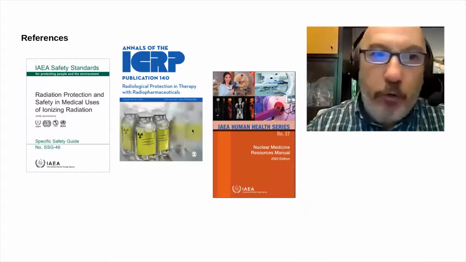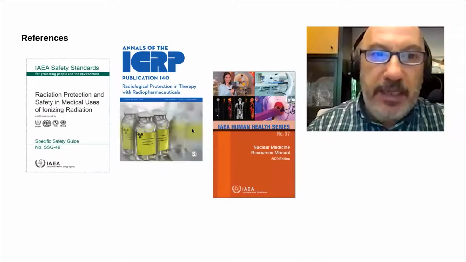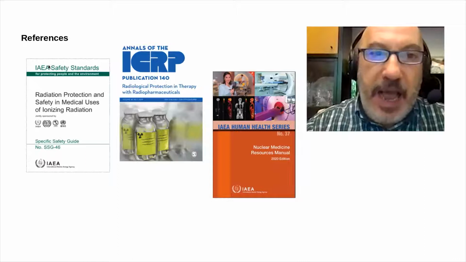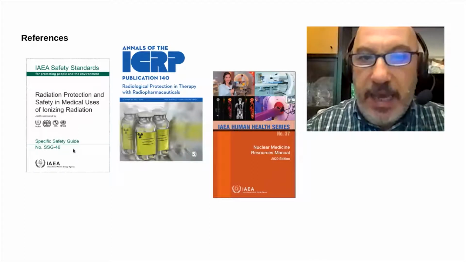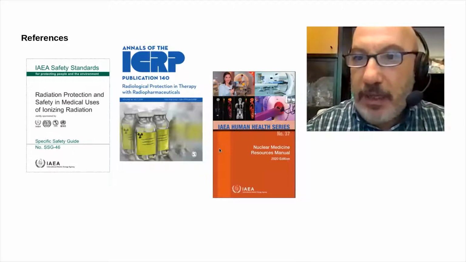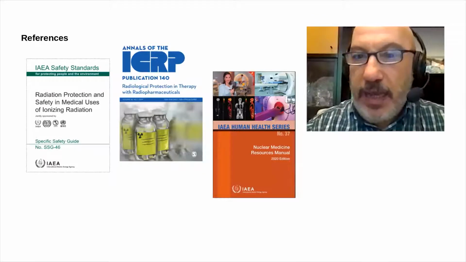The reference documents for this presentation are the IAEA Safety Standards SSG 46, that is a very relevant document descending directly from the IAEA BSS, so a very important document in the literature of the IAEA.